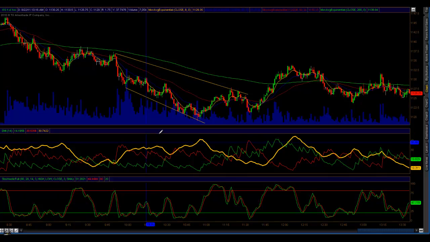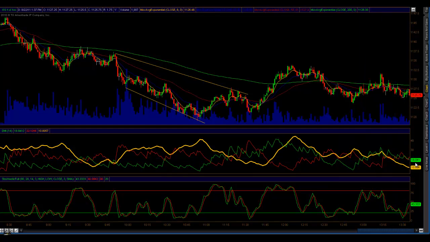So first off, I'd just like to get over here on this plane. I have the DMI and the ADX together in the same plane in my Thinkorswim active trader charting system. And the yellow line is my ADX, and all the ADX does is it measures the strength of a trend.